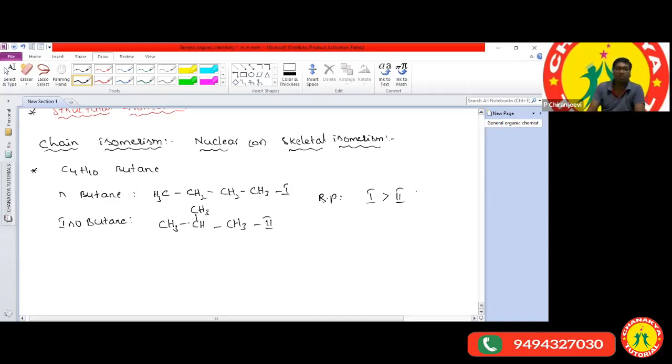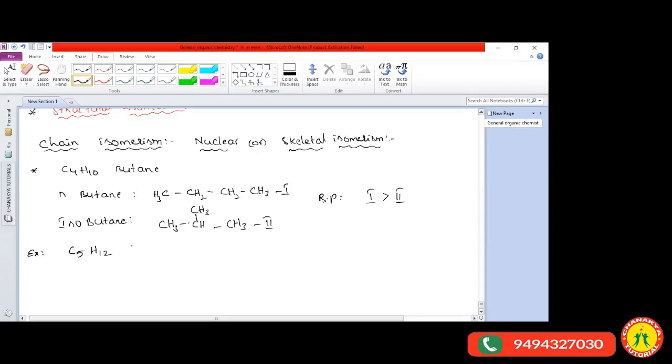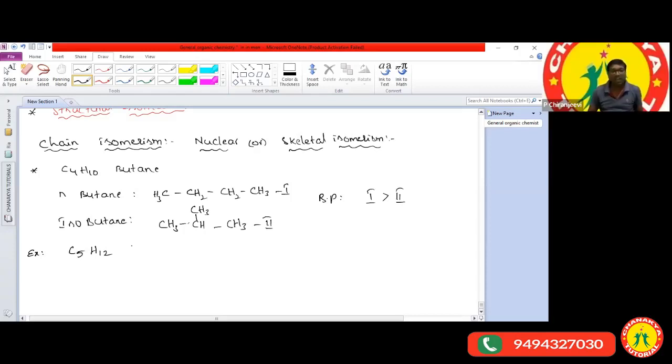Now I'll give one more example. What is the molecular formula of pentane? C5H12. Yes, sir, C5H12. If it is C5H12, how many chain isomers exist for pentane?